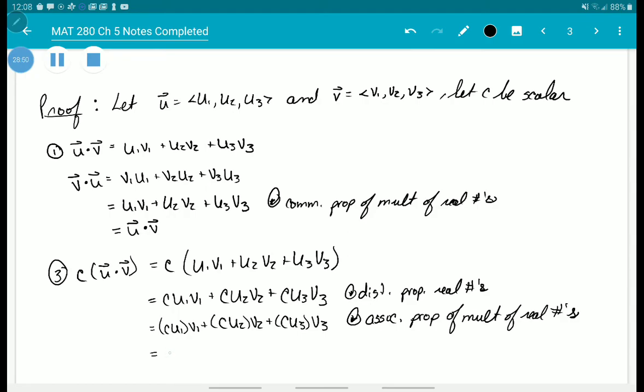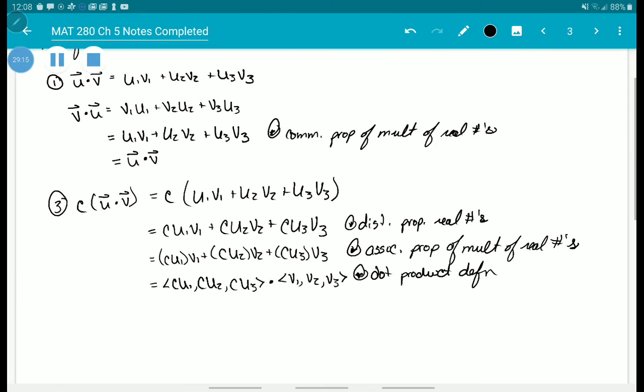And that would be the same as c u1, c u2, c u3 dotted with v1, v2, v3. So we're undoing that dot product. So that would be cu dotted with v. So you can see how that scalar value only goes to one of those vectors, not two.